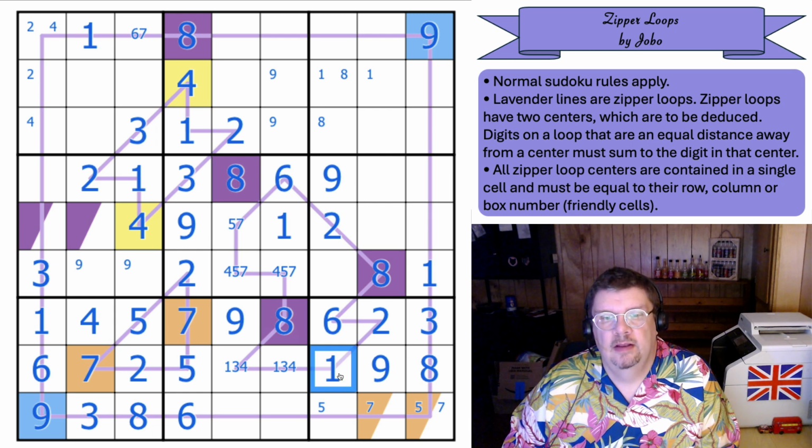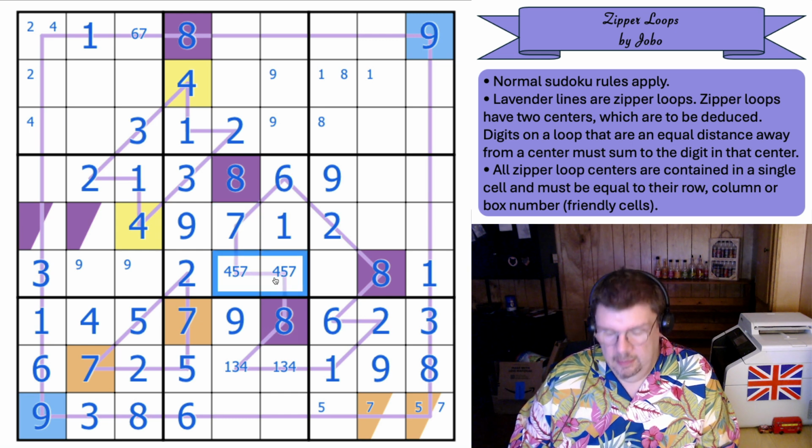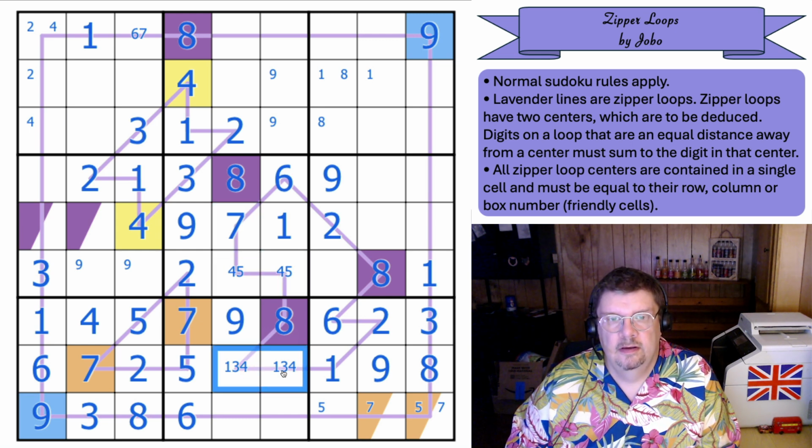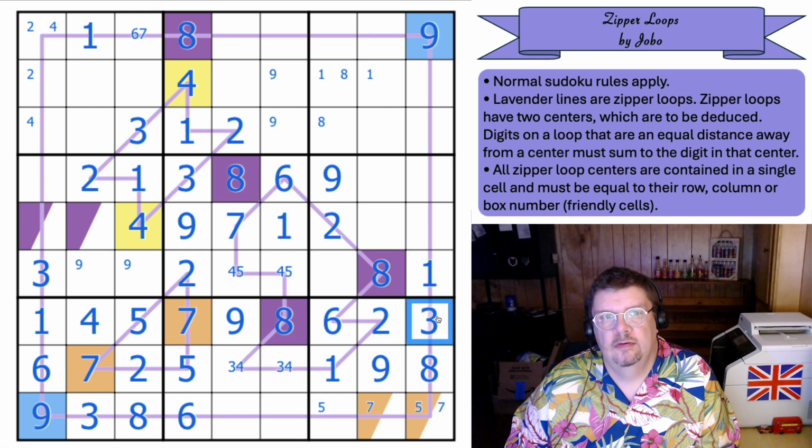And that means that that's a 7. That's a 4-5 pair. That is a 3-4 pair. This 3 makes this a 6.